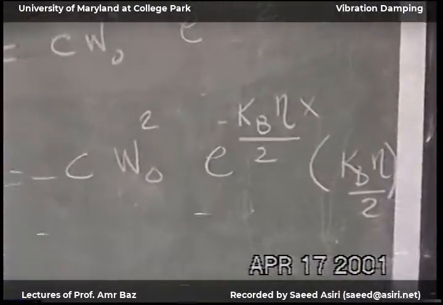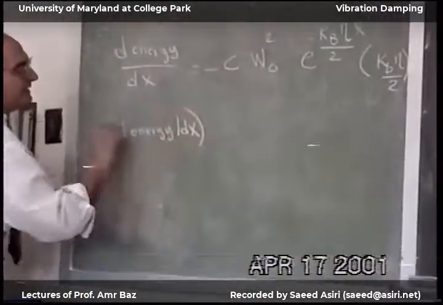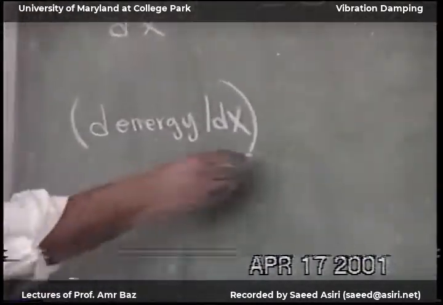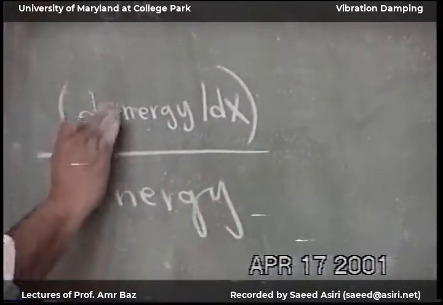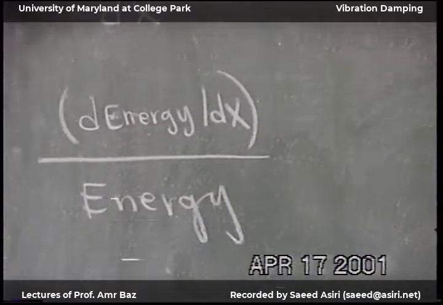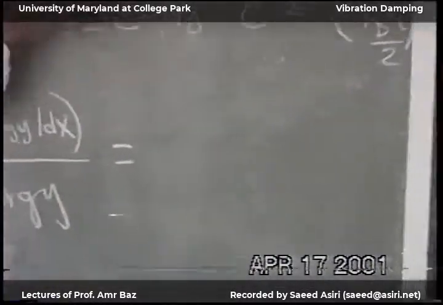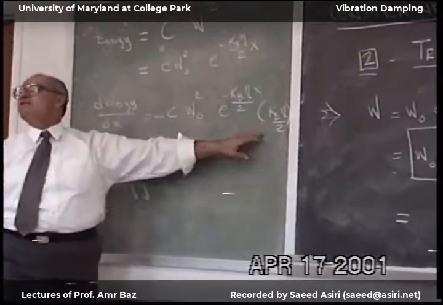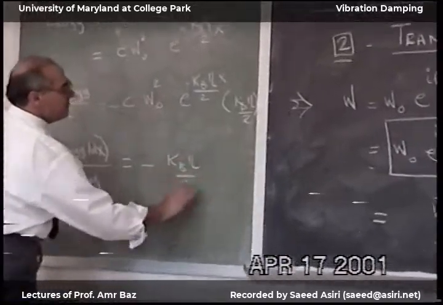Now I'm going to look at D energy per dx. That's the rate of change of the energy divided by the energy. If I take this and divide it by this, this will cancel with this, this will cancel with this, this will cancel with this. The only term that remains is here, is beta over 2.